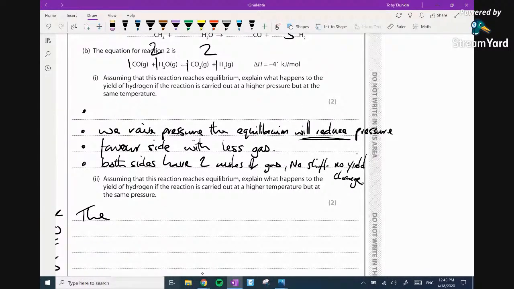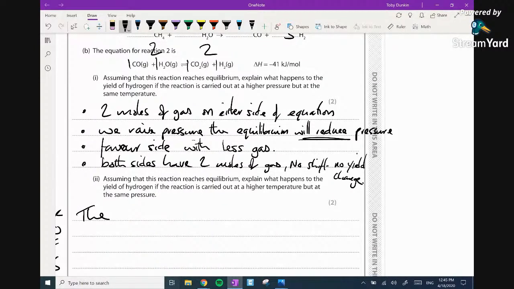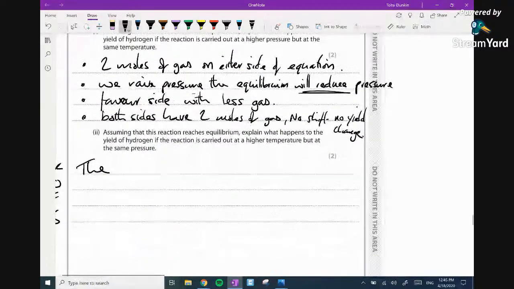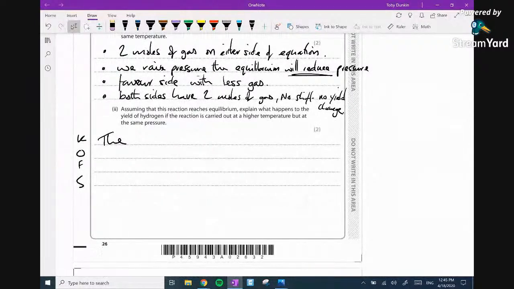Knowledge for equilibrium: 2 moles of gas on either side of the equation. It came out in the wash, but I do need to practice, just like everybody else. We raise the pressure, we're trying to reduce pressure. Favor the side with less gas. Both sides have 2 moles, no shift, no yield change. That's better.